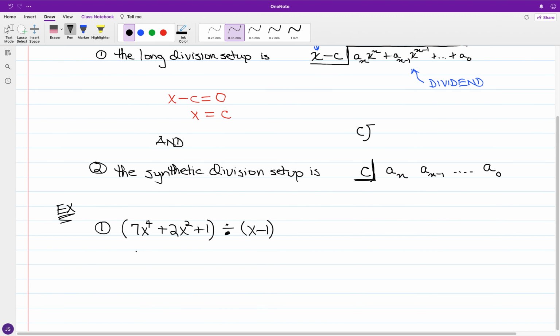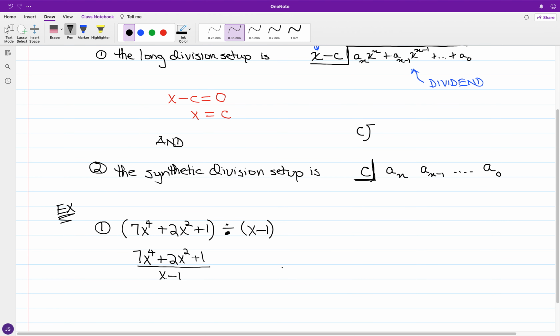Or you can write this as a ratio: 7x to the fourth plus 2x squared plus 1 all over x minus 1.